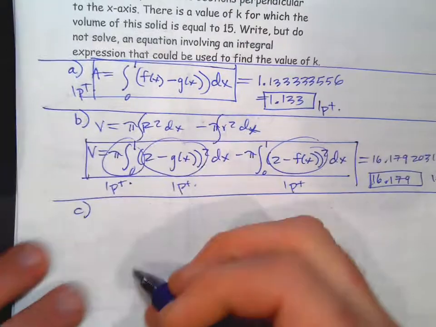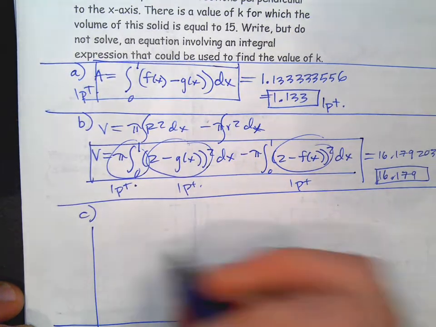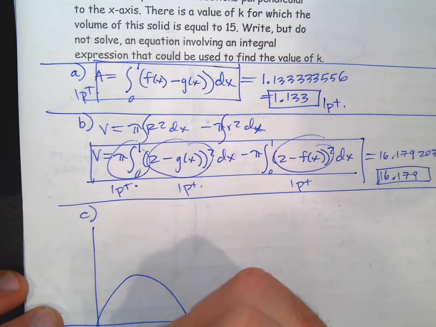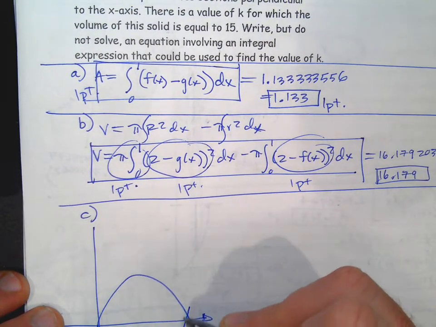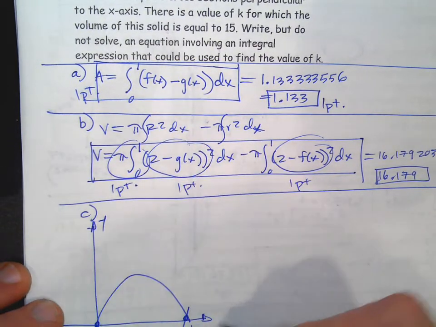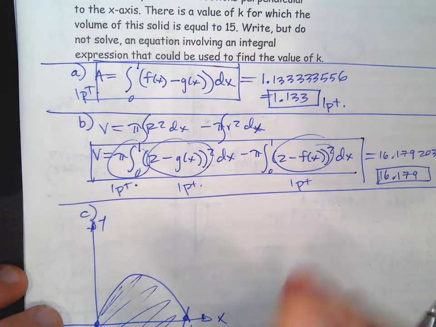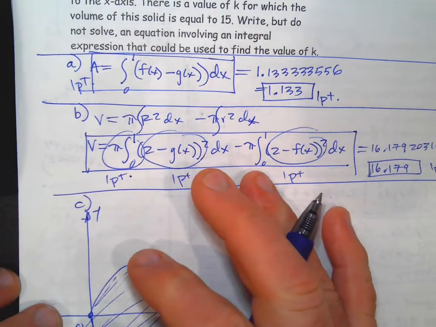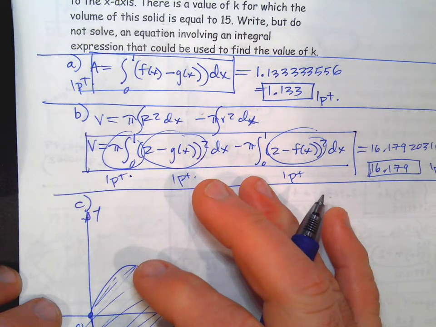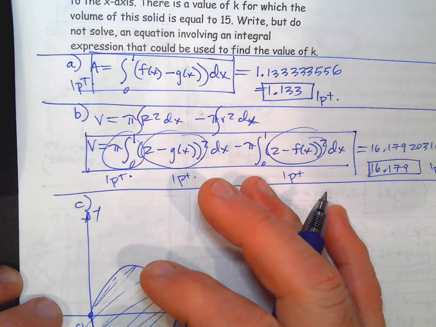I'm going to redraw this real quick. Okay, so this is the base. This is volume by cross section. They're square cross sections. There is a value k for which the volume of the solid is 15.